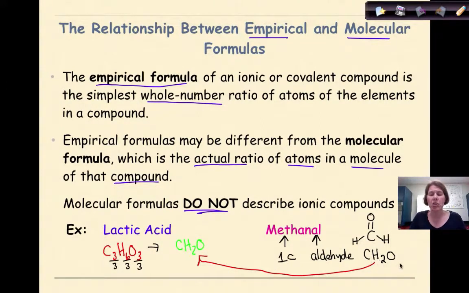Therefore, CH2O for methanol is both the empirical and the molecular formula. Lactic acid has a molecular formula, not empirical, because I can divide it down to smaller whole number ratios. So, molecular formula for lactic acid, empirical formula for lactic acid. One more time, for methanol, CH2O is both the empirical and the molecular formula.